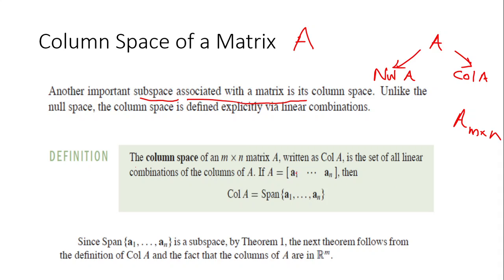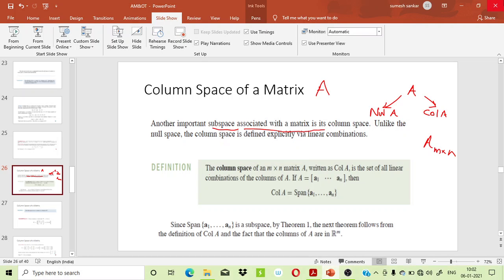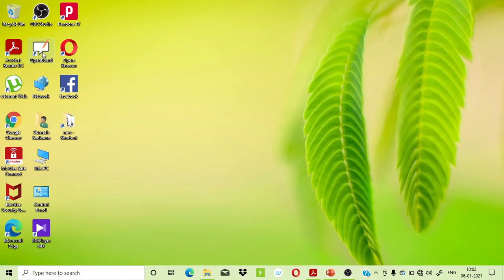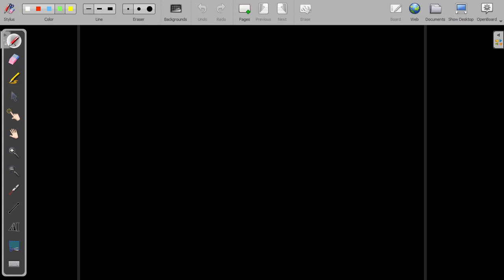These are vectors. For example, let me take an example: a matrix A equal to 5, 4, 3, then 2, 1, 5, 7, 8, 9, 10, 11.